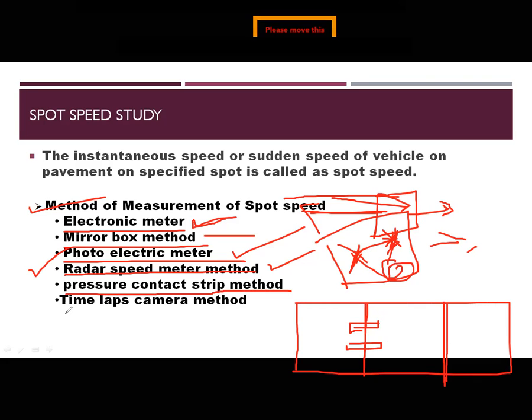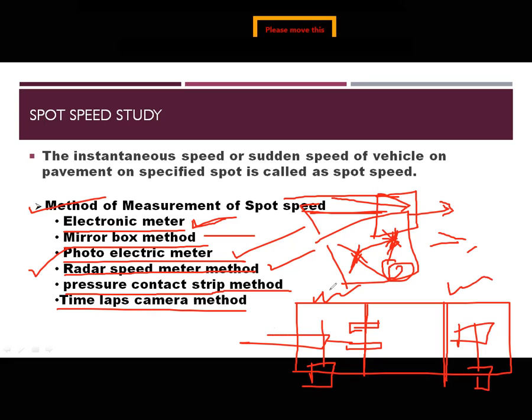Then the time lapse camera method. Consider one camera is here and a second camera is here. When a vehicle is moving, there is a particular time at the first camera, and then the second camera is instantaneously near to the first camera and the image is visible in this camera.